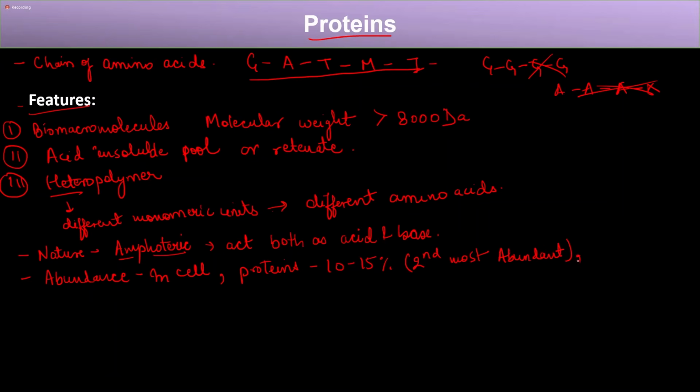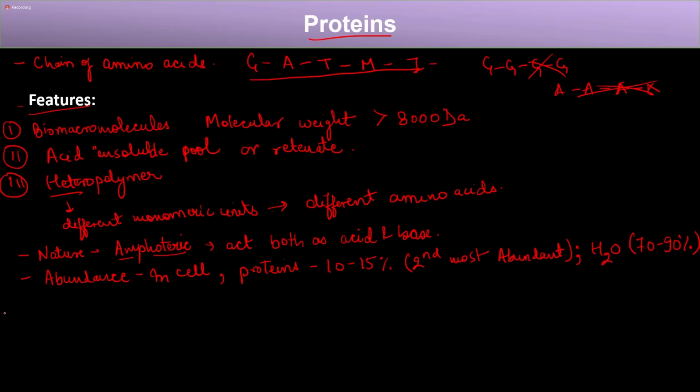Now, which is the first most abundant molecule? It is water. Water is the first most abundant molecule present in the cell, at 70 to 90%. Water is not a biomolecule. In the first lecture, I told you the definition of biomolecule, and according to that, water is not a biomolecule. So the most abundant biomolecule is protein. But if someone asks which is the most abundant molecule, then you will have to answer water.